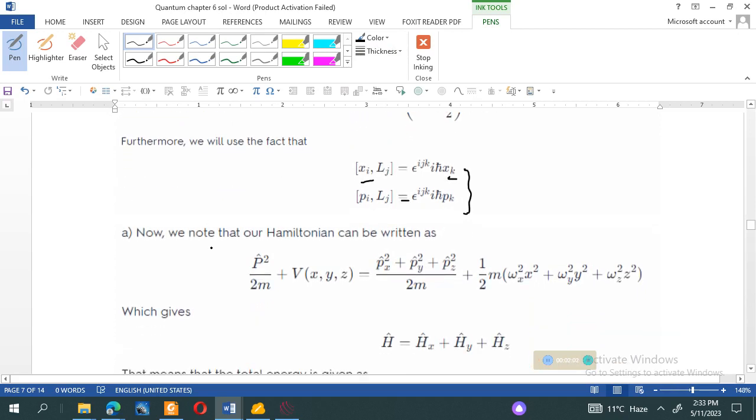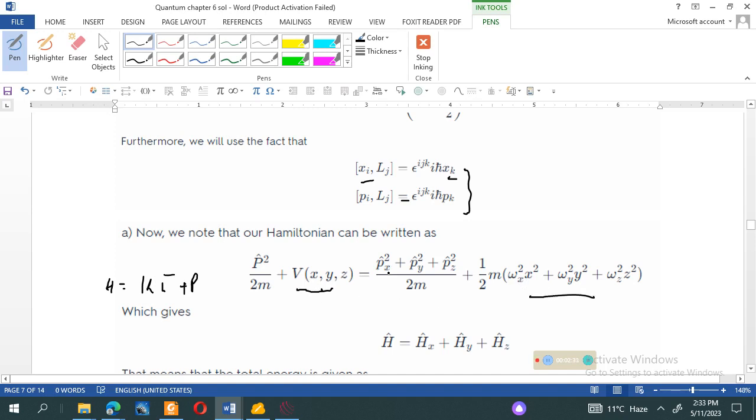So now we note that our Hamiltonian, because we have three dimensions, will be equal to the sum of the total energy, kinetic plus potential energy. The kinetic energy is p squared over 2m, plus the potential, which is given. So the momentum term for three dimensions will be equal to px squared plus py squared plus pz squared over 2m, and the potential is given, which is m over 2 times omega squared x squared plus the whole term.